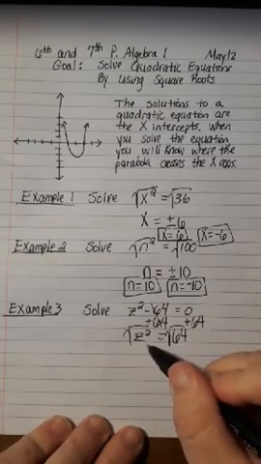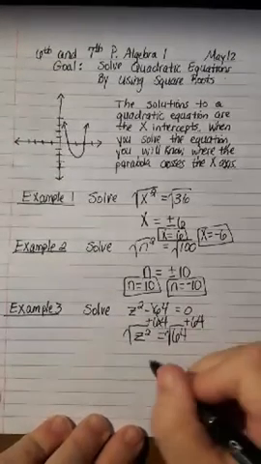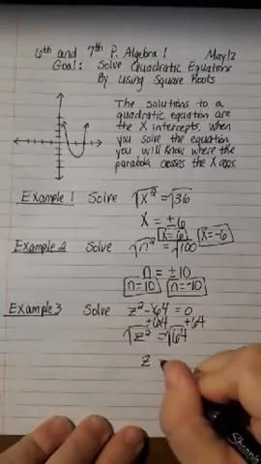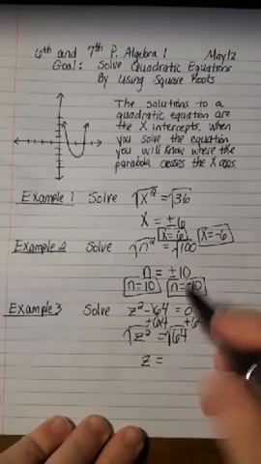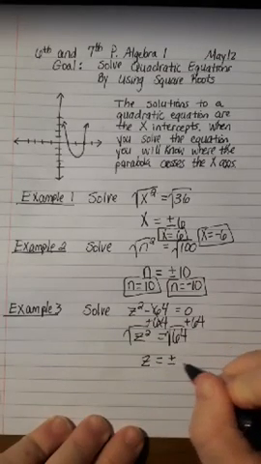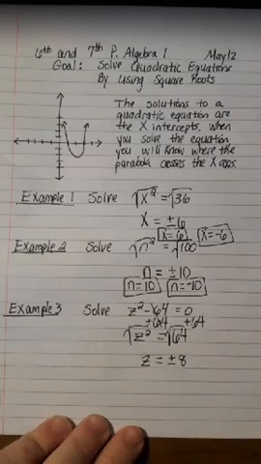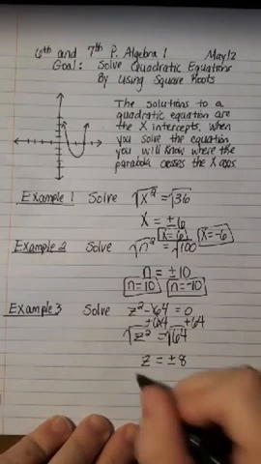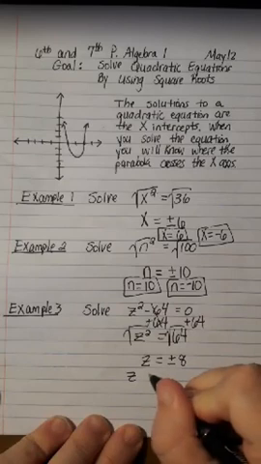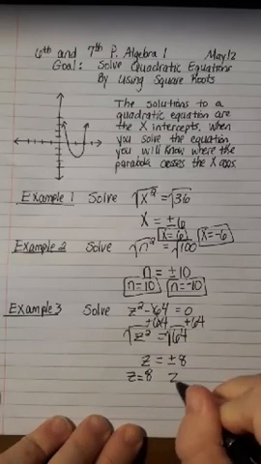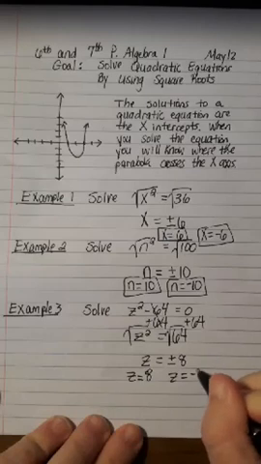So when you take the square root of z to the second, you halve your exponent and you get z. When you take the square root of 64, you get plus or minus 8, because 8 times 8 is 64. And then you'll enter in your two answers. Z equals 8 and z equals negative 8.